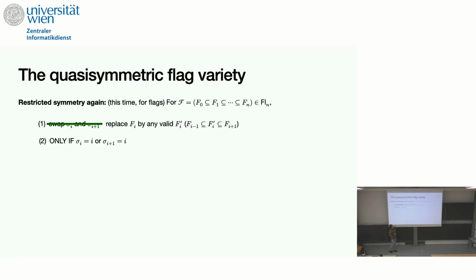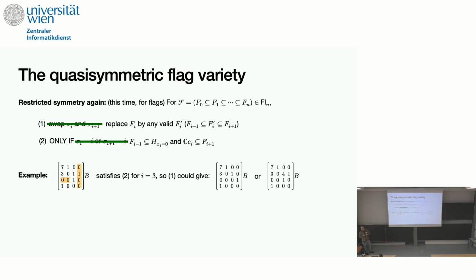And instead of this restriction that sigma i should be equal to i or sigma i plus 1 should be equal to i, I'm going to require this much more complicated looking thing. The i minus first subspace should be contained in the hyperplane x_i equals 0, and the ith basis vector should be contained in the i plus first flag. Kind of messy. I really just want you to think about these as the moral equivalent of the original restricted symmetry conditions.